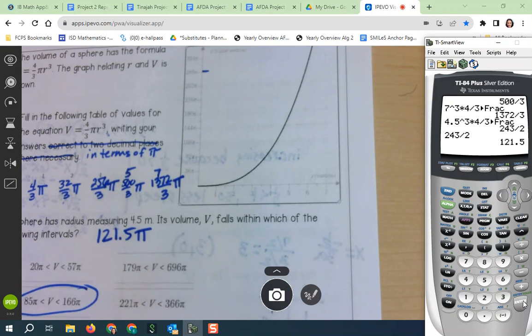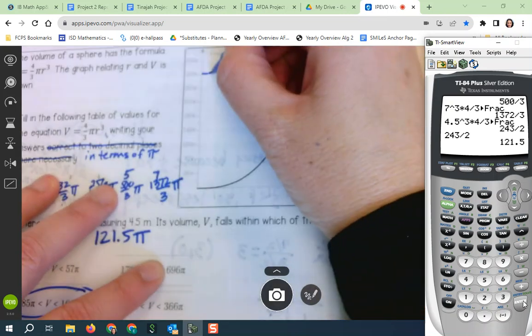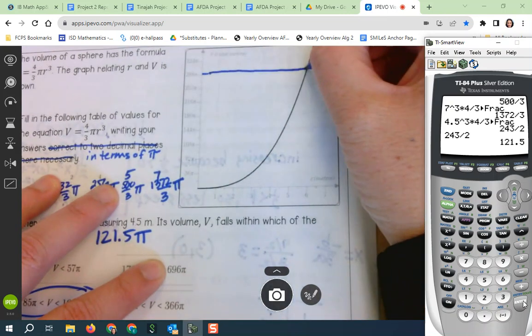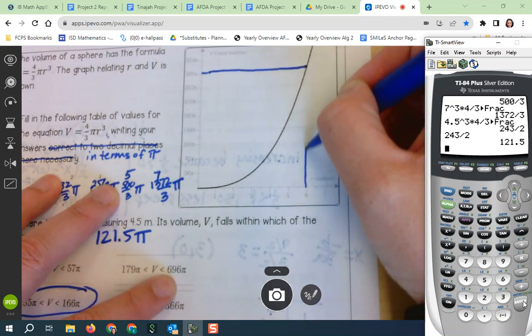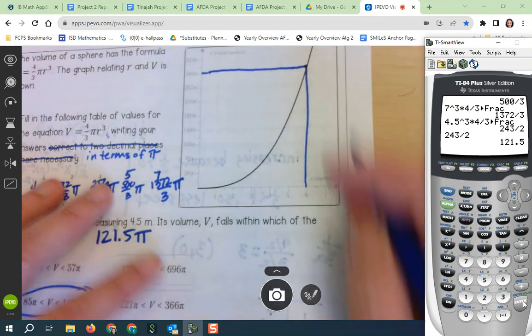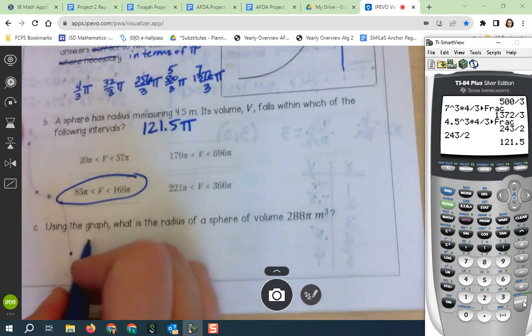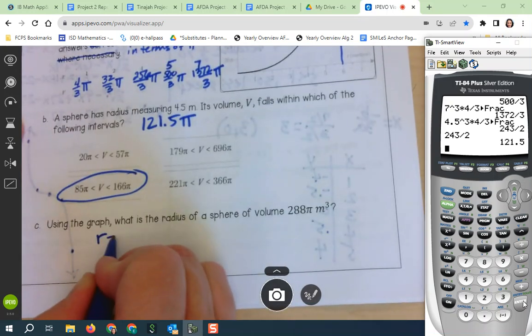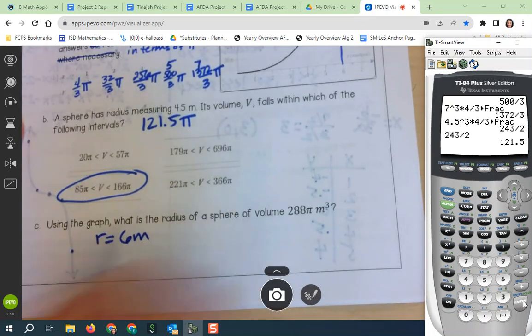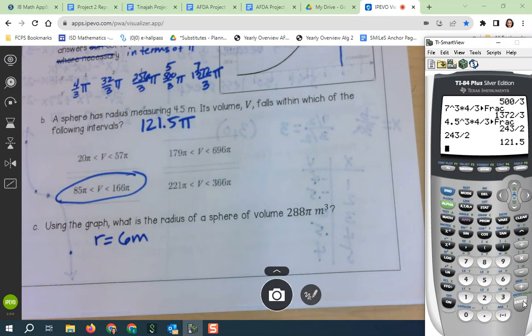Because my sight is terrible. That says 288 pi? Okay. So if we go over, then we should be able to see that the radius is how much? 6. Good. That's good? Okay.